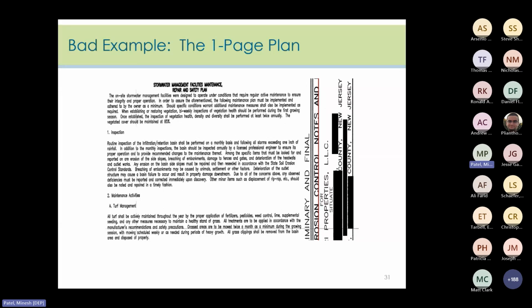There's no way a completed record can be made on a plan sheet, nor would maintenance staff actually record observations and completed tasks here. So this would be an example of a very weak plan, and therefore the reviewer has the authority to request revisions so that the permittee can comply with the requirements of the permit.